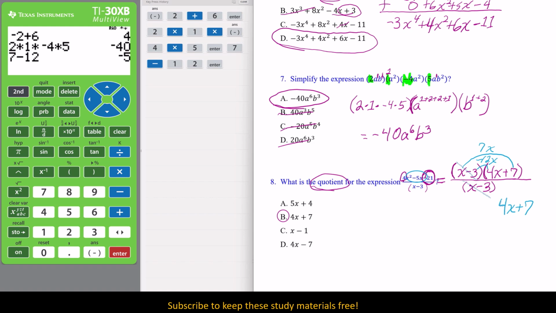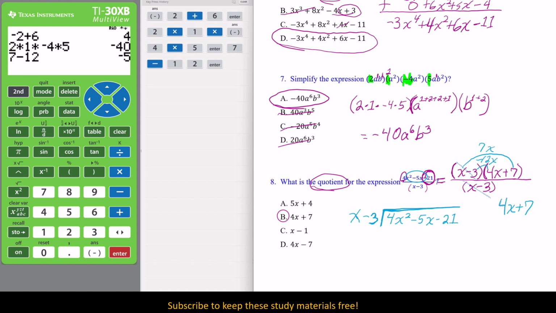But let's do this the longhand way, long division. X minus 3 goes on the outside, and underneath we would need 4x squared minus 5x minus 21.